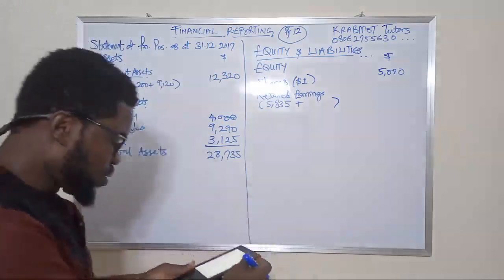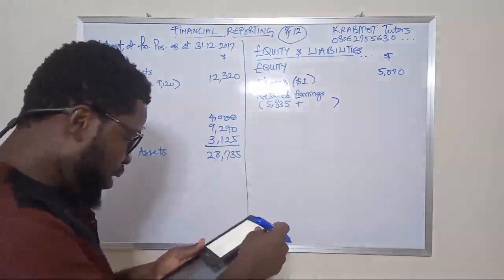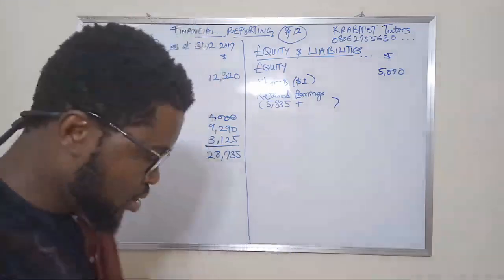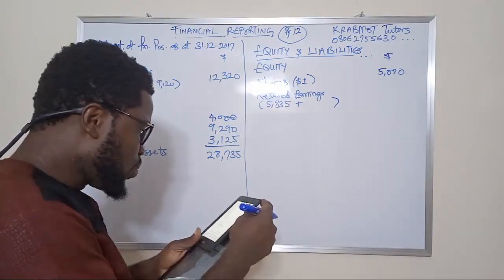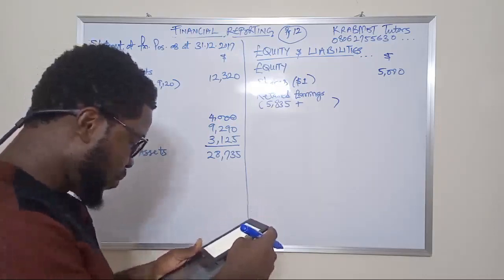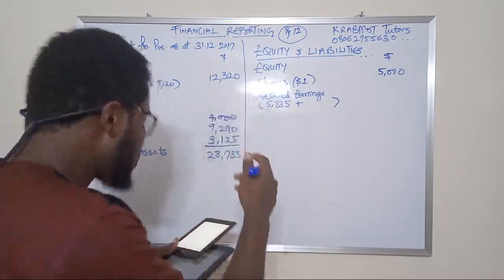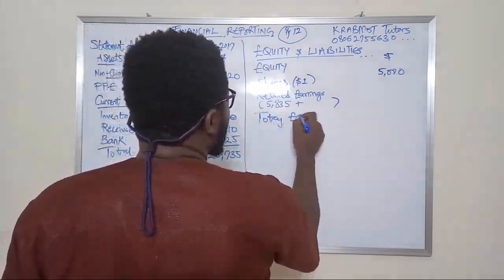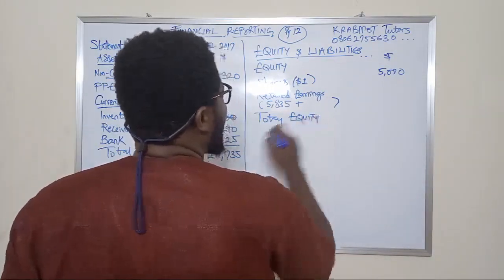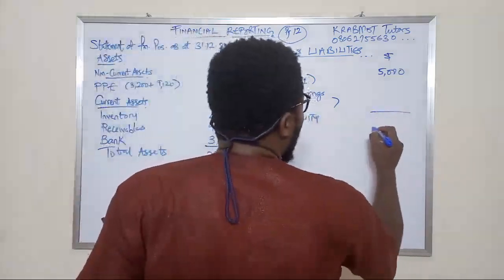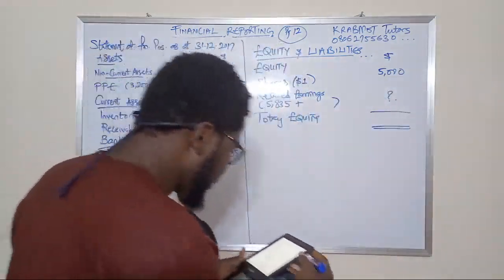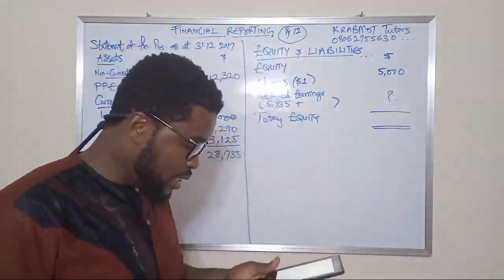You have this copied out already. So next, what do we have again? We are looking at the things which we have not ticked. So we have total equity. I've not calculated this yet. So now let's go.